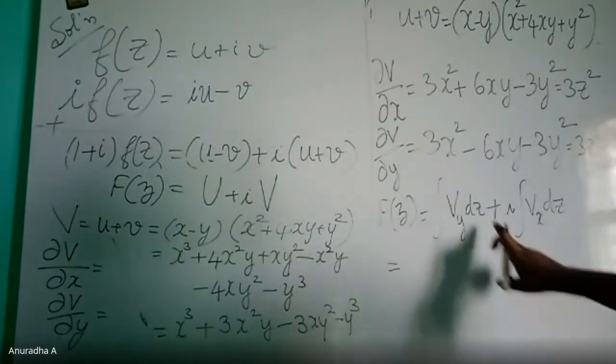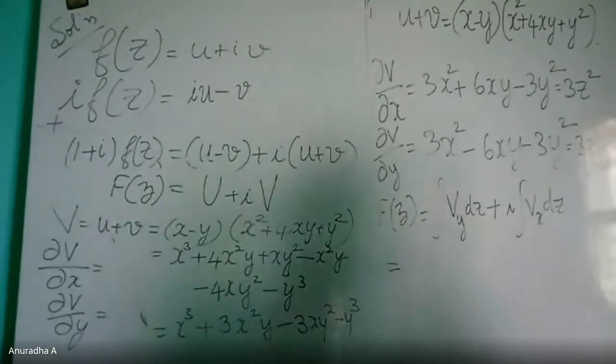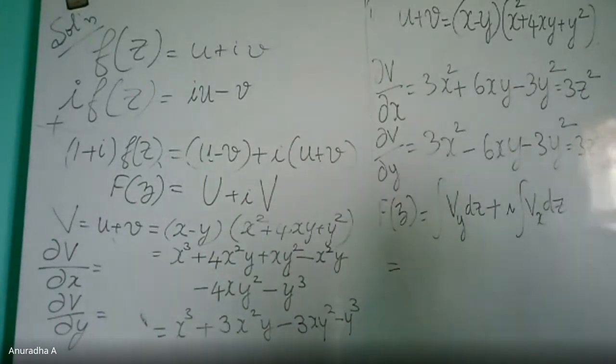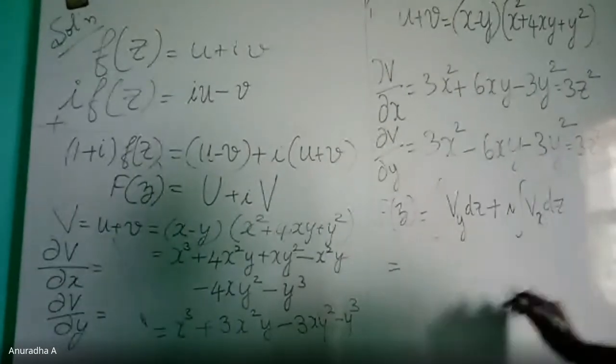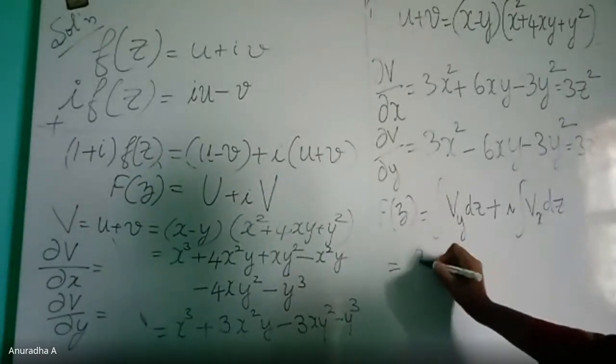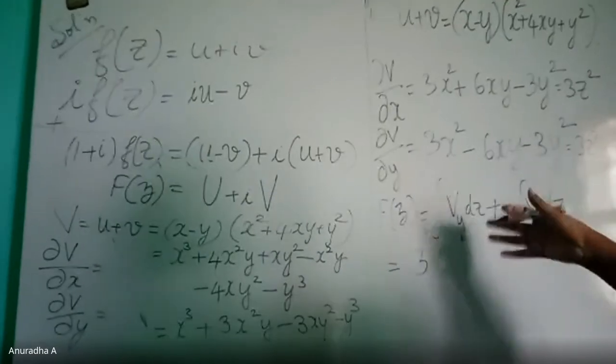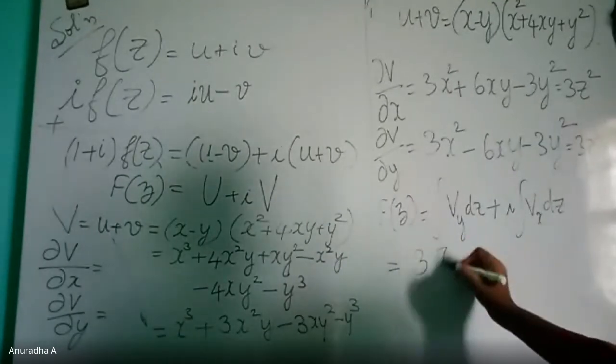See, after writing z and y only I remembered. Ma'am, in the dou v by dou x, in that we have to put where x is there z and y 0. And in dou v by dou y also the same, z comma 0. So this is also 3z square, this is also 3z square. It's a small step, I can do the integration directly, I think.